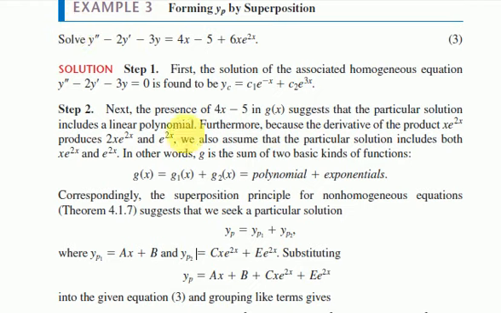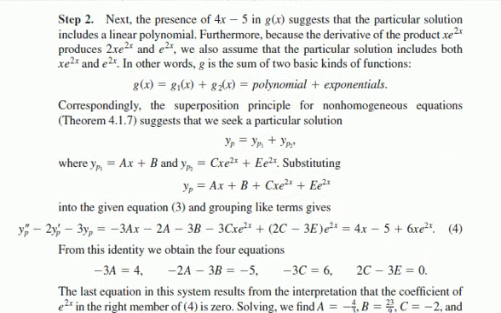Now substitute these yp, yp dash and yp double dash in this equation, which gives yp double dash minus 2yp dash minus 3yp is equal to 4x minus 5 plus 6x e raised to power 2x. yp has been given.